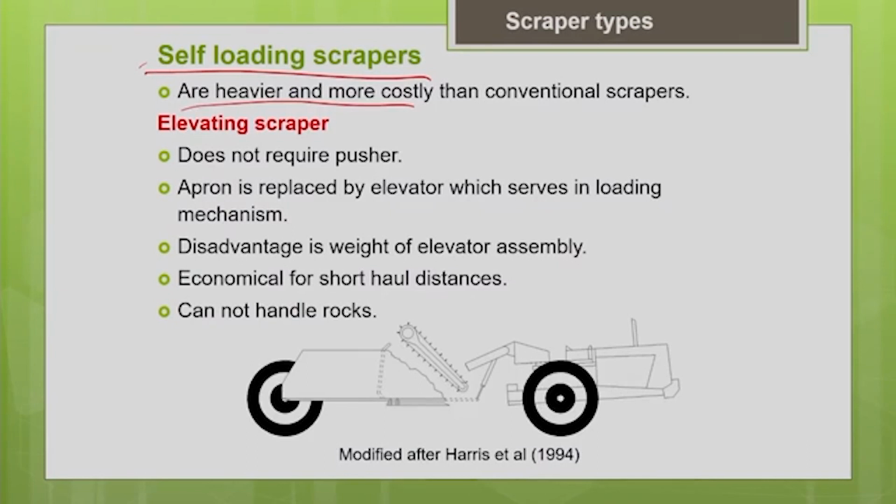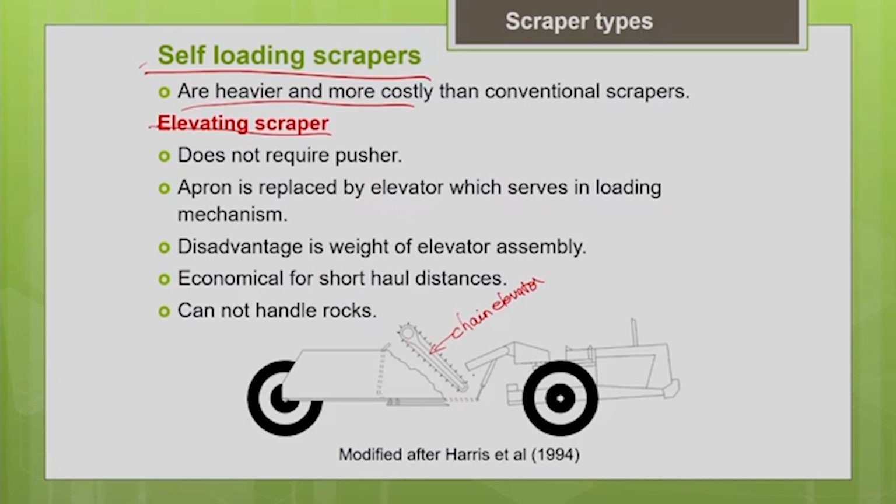Under this self loading there are different types. One such type is your elevating scraper. In the elevating scraper, you can see a chain elevator. This is your chain elevator assembly. Just like an elevator, you can see a series of flights, kind of steps arranged on the elevator chain. Instead of an apron, you have this chain elevator.